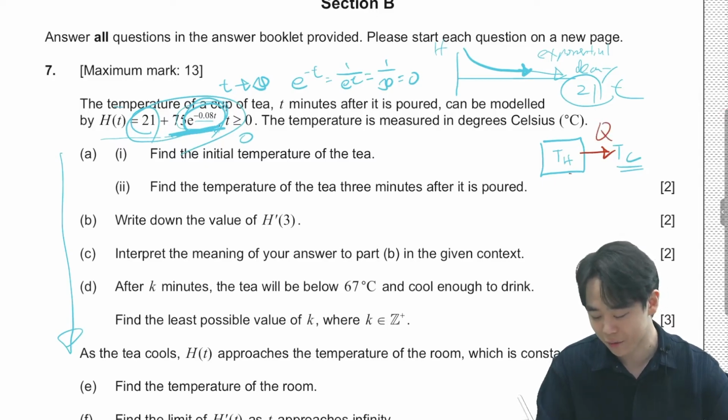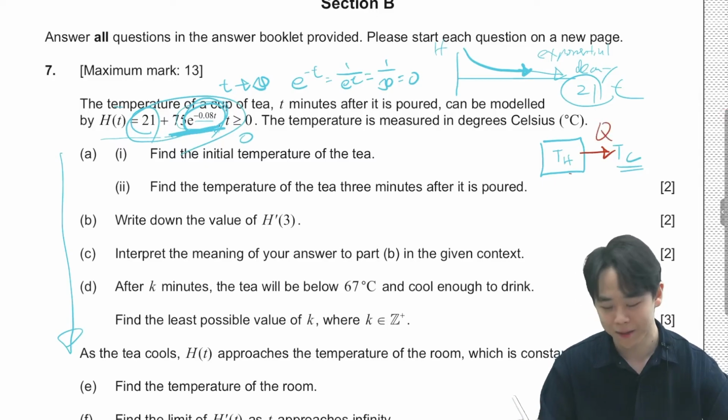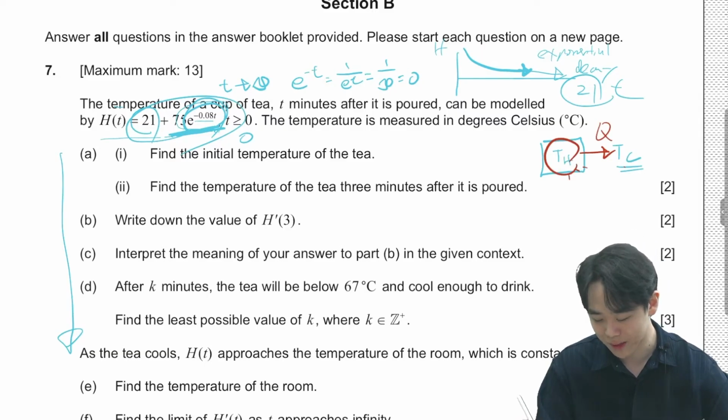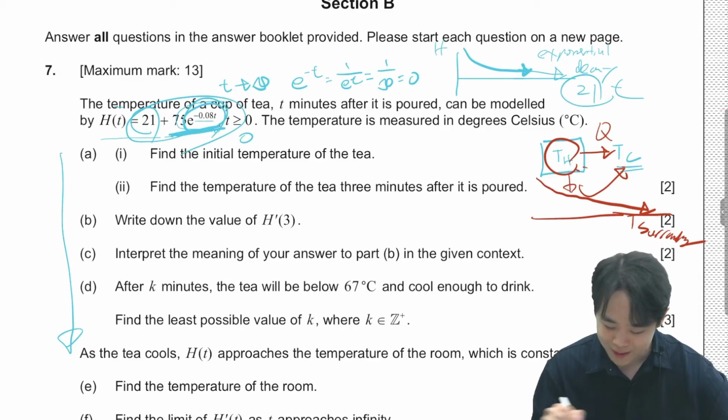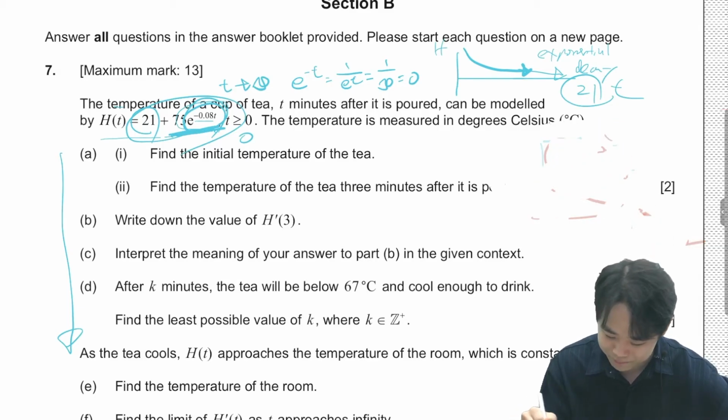So heat is going to flow from hot to cold until both bodies reach thermal equilibrium. So this hot temperature is going to keep going down until it reaches Tc. So this is Newton's law of cooling, but let's focus on what the question is asking. That was just a brief overview of what's going to happen.